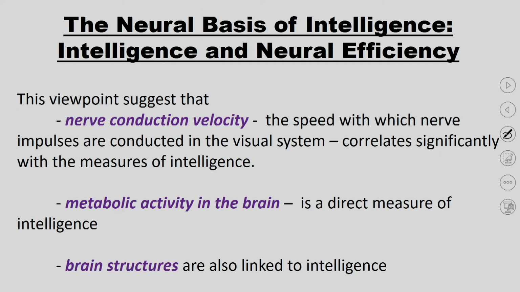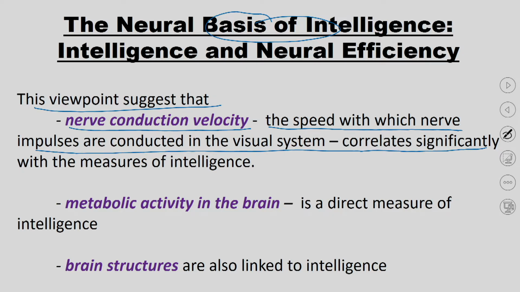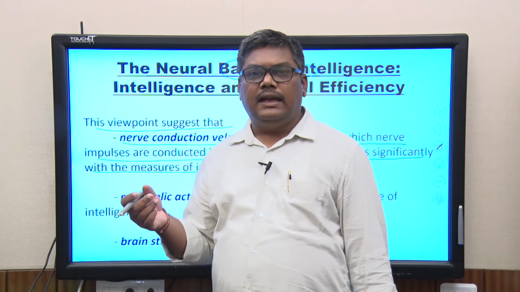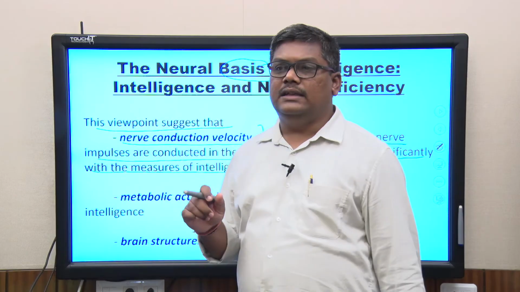Now, there is also the neural basis of intelligence, and what does it say? This viewpoint suggests that nerve conduction velocity is responsible for intelligence. The speed with which nerve impulses are conducted in the visual system correlates significantly with the measure of intelligence. And so, this idea says that how quickly information passes from the eye through the set of visual nerves to the visual cortex is defined as intelligence.